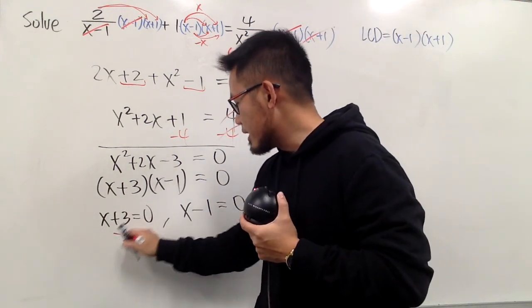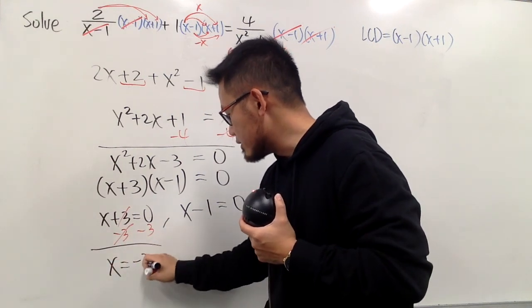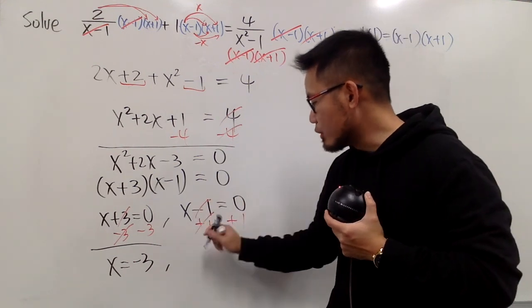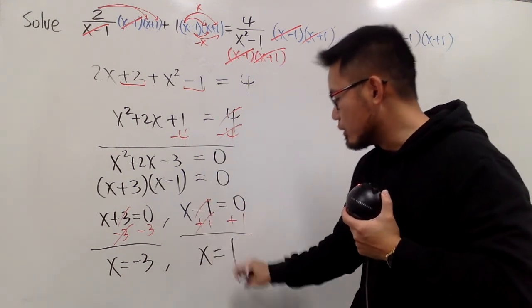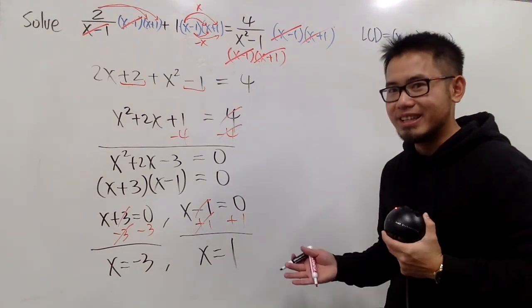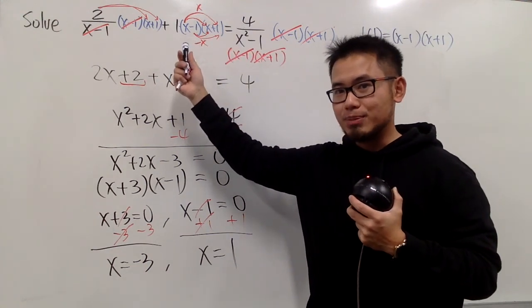And from here, we can, of course, just subtract 3 on both sides and we get x is equal to negative 3. And from here, we can just add 1 on both sides, so that we get x is equal to positive 1.